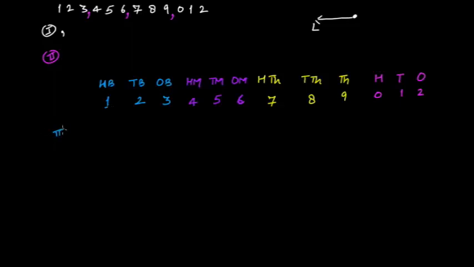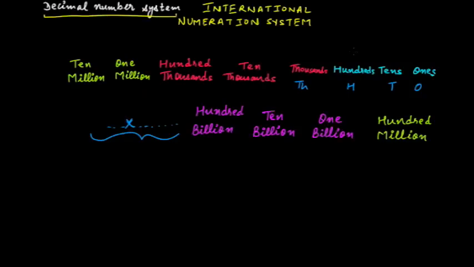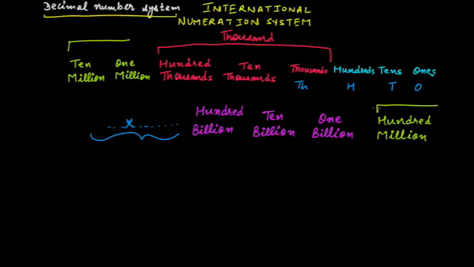The third step is to read this number. How would you read that? Let me go back, and if you could see here, this grouping was for thousand, and this grouping was for million, and because there was no space, therefore I wrote it here.